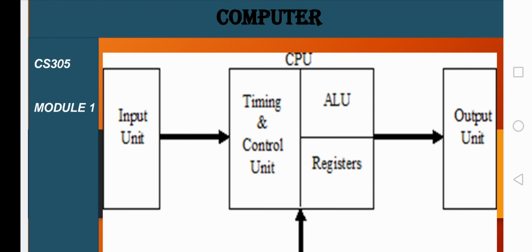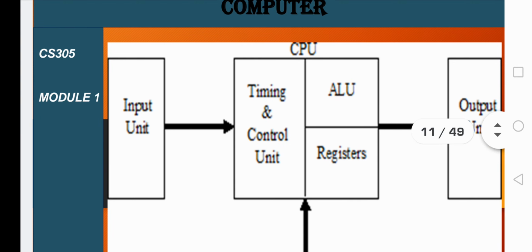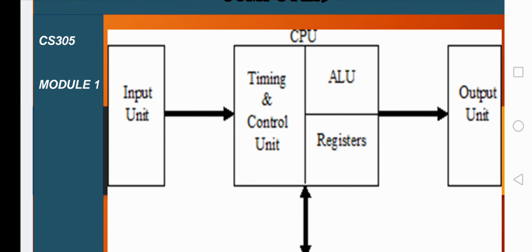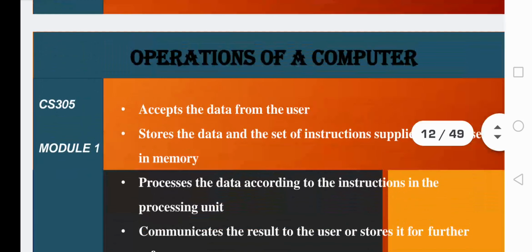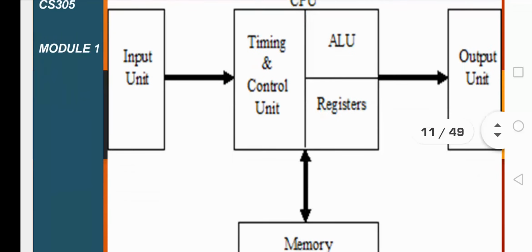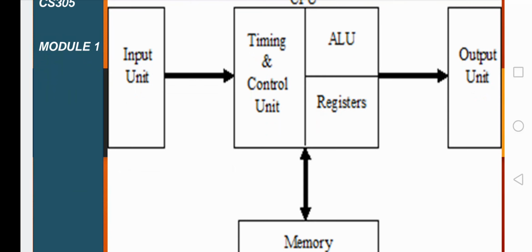Whatever result or outcome has to be displayed is given to the output unit. So this represents a block diagram of a digital computer. From this, how can you define the various actions of a digital computer, or what are the various operations generally carried out within a computer?